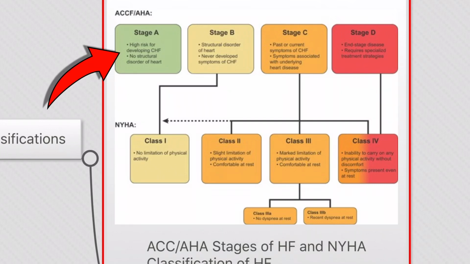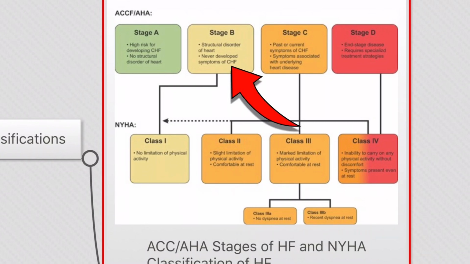Now, stage A is high risk for developing heart failure, but there's no structural disorder of the heart. Stage B, there's a structural disorder of the heart, but never developed symptoms of heart failure, and that correlates with class 1 of the New York Heart Association because there's no limitation of physical activity.